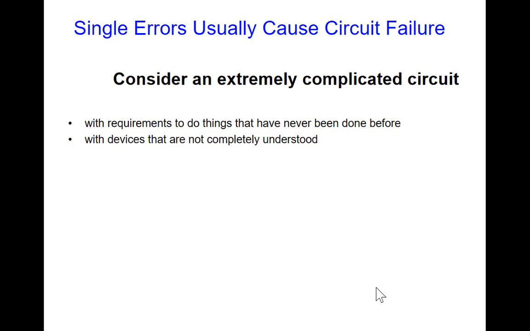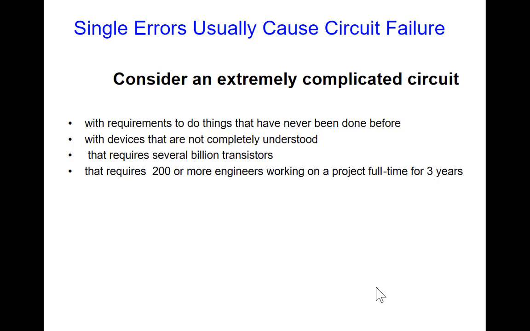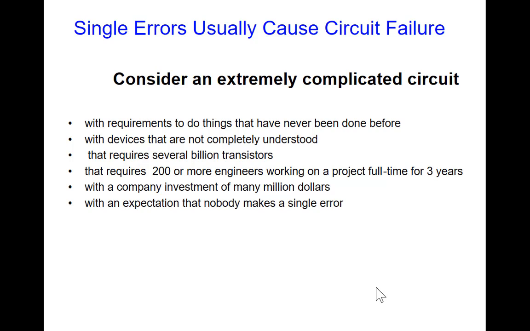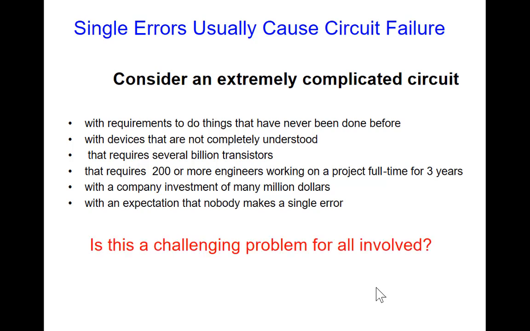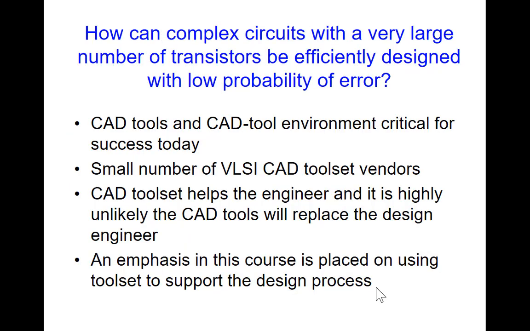They require several billion transistors, and 200 or more engineers working for a long period of time, with company investments of tens of millions of dollars or more. Expectation: nobody makes an error. Is this a challenging problem? This is a real challenging problem.